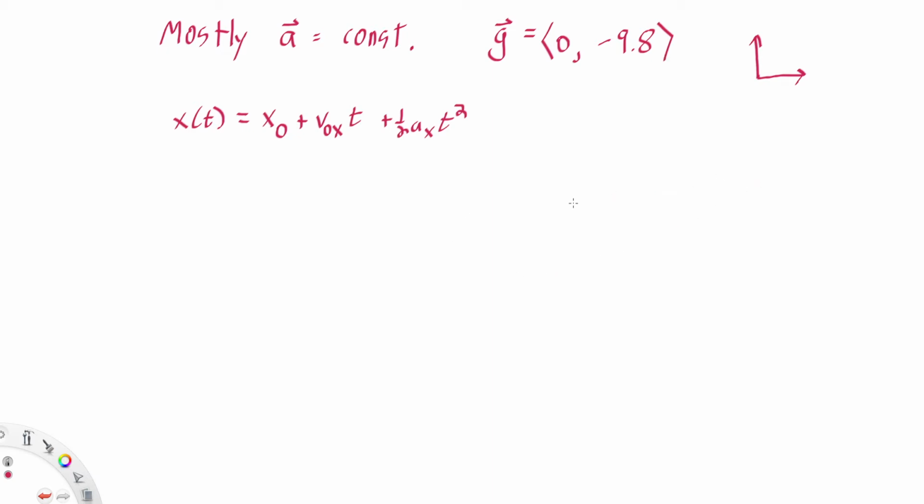So that shouldn't come as a shock to anybody that gravity pulls you down rather than to the right or up. But this is something that we do want to be explicit about.